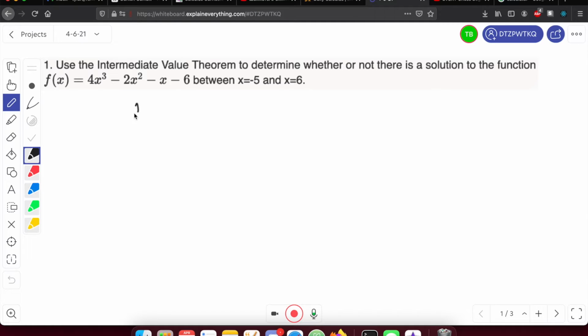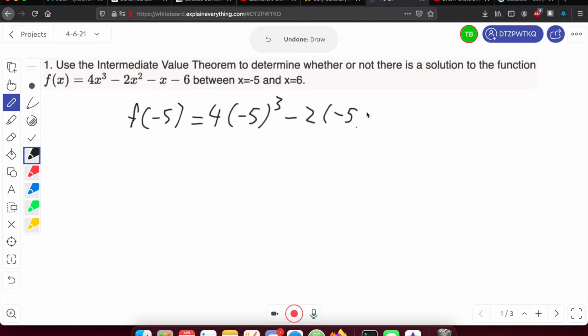So what we're going to do is check x equals negative 5. And we actually don't even need to fully find these values. We just need to see whether they're negative or positive.